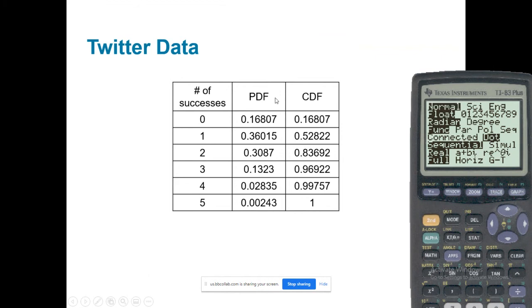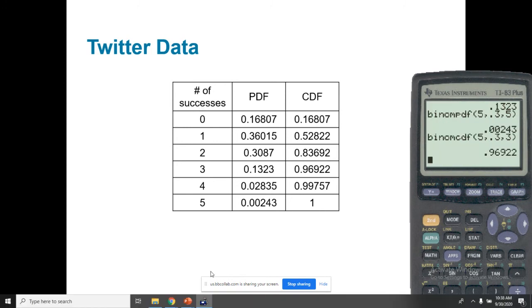Keep in mind, when we found the CDF of 3, that was the probability for 3 and all of the values below 3, because we had the equal to bar.